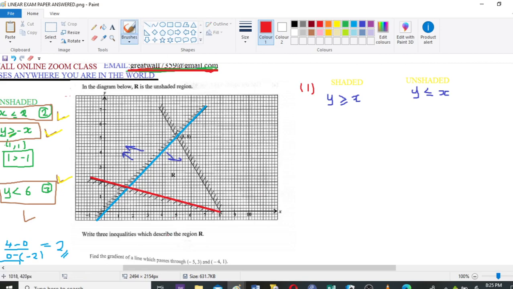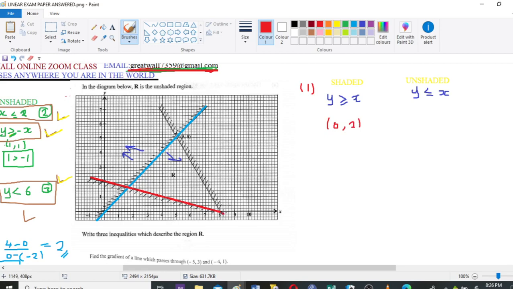So this one is passing at the point 8, 0, and that's 0, 2, right? And 8, 0. I hope you are able to see.